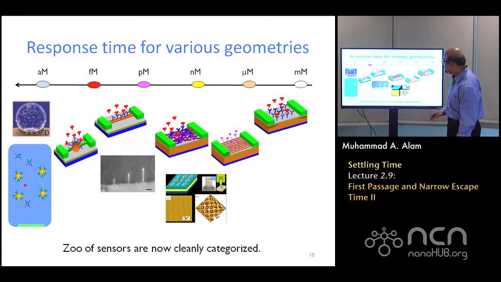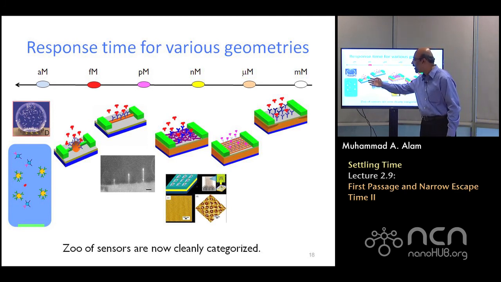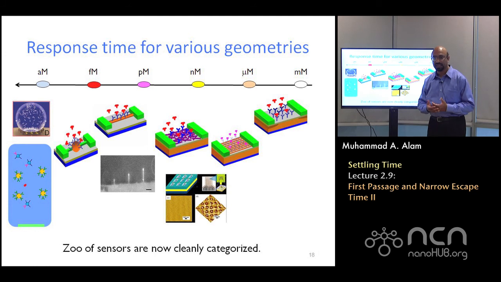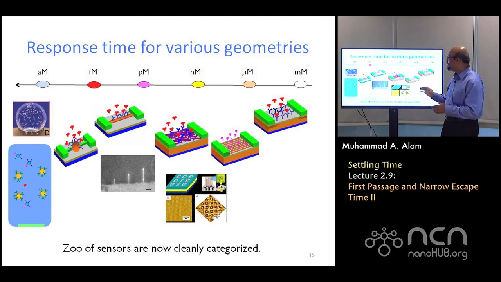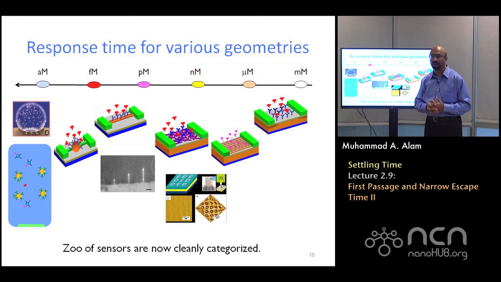So the bottom line is that this set of lectures allowed us to organize all the sensors. It allowed us to start from classical sensors from the 1970s, to nanostructure sensors, nanowires. It allows us to understand how biobarcode sensors work. This is 10 years old. This is more recent, about 2 years old now. Droplet-based sensing, how these work, and why there is this 15 orders of magnitude change in the analyte density that nanobiosensors can respond to.